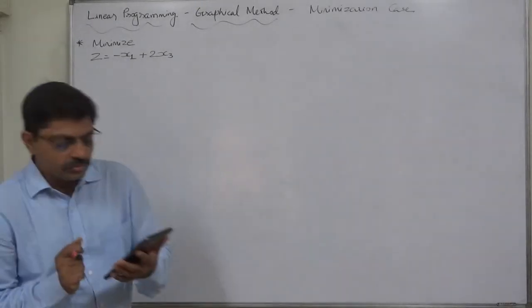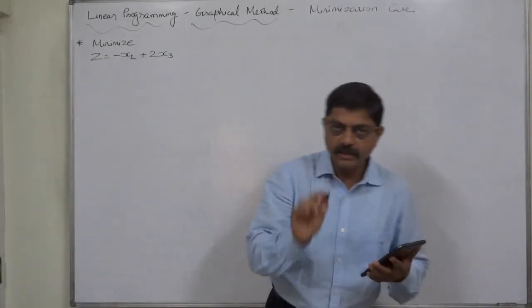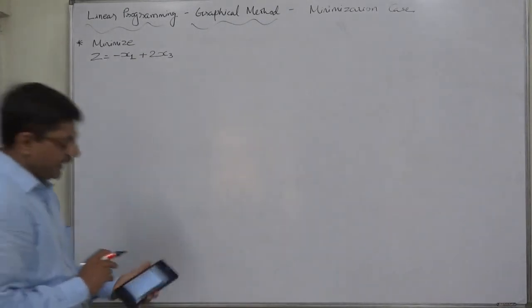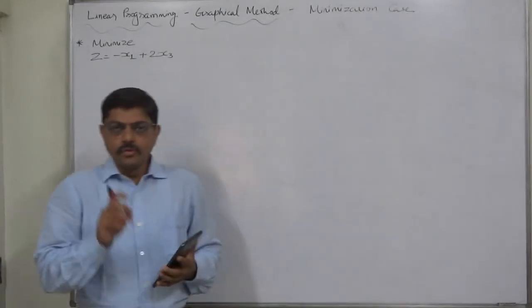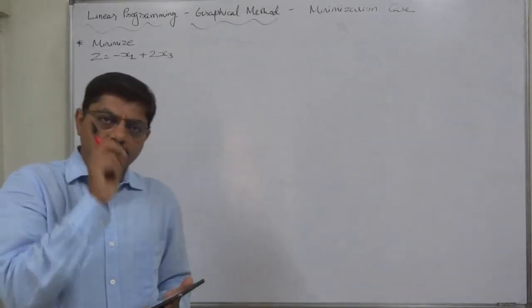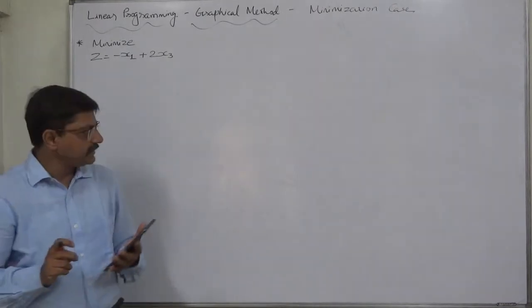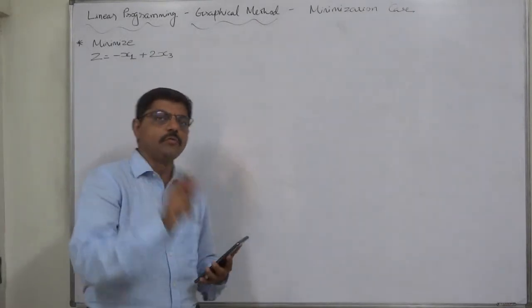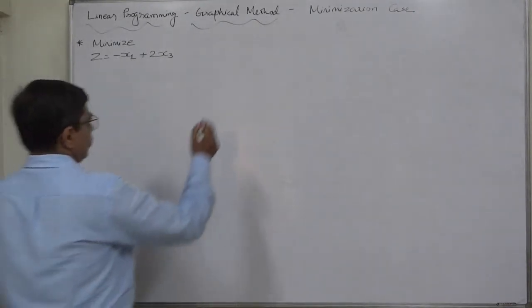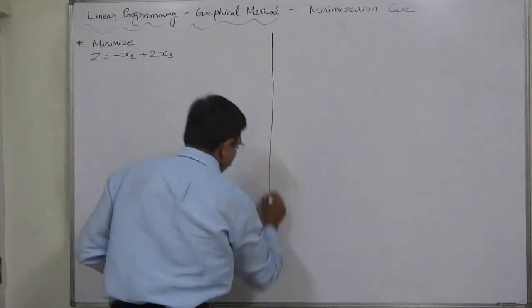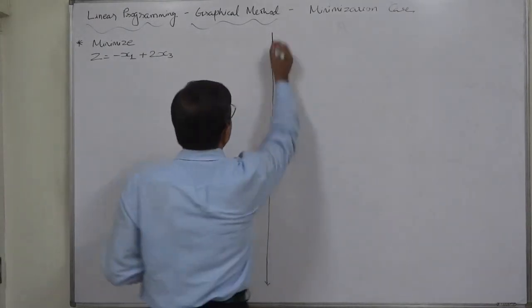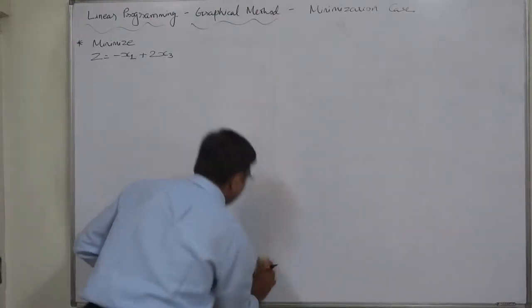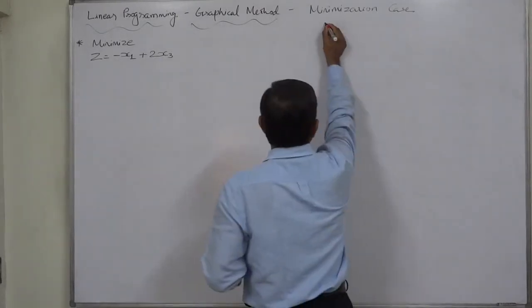So I advise you to take scale of 1.2 centimeter equals to 1, an odd kind of scale, particularly on x2 axis. Otherwise you have to take the value 3 and 1/3 on x2 axis very carefully. If you are taking 1 centimeter, that means 10 millimeter equals to 1 unit, the scale of that. I leave it to you what kind of scale you are going to take. Sorry, I need more place on the left hand side, so I am shifting these on right hand side.